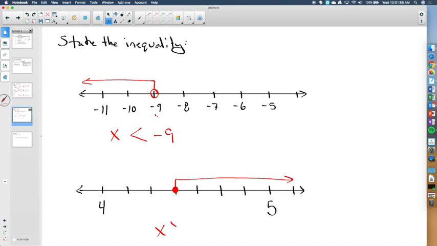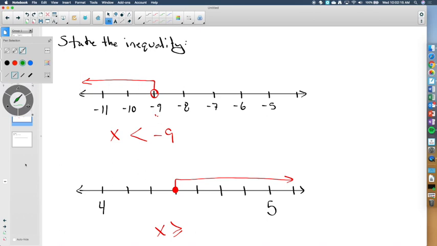I go 1, 2, 3, 4, 5, 6, 7. And on my 7th line, I've gotten to my next whole number. That means I've taken the distance from 4 to 5, and I've split it into 7 equal pieces. So that means each line is a jump of 1/7.